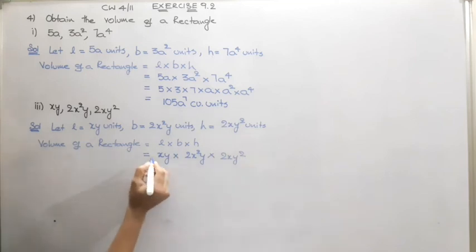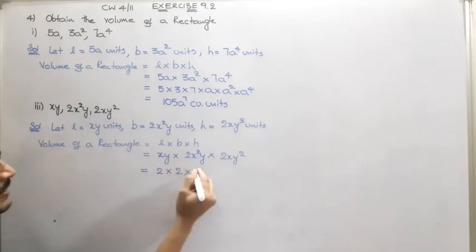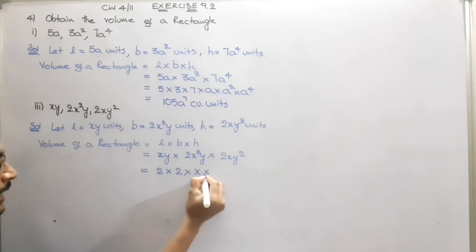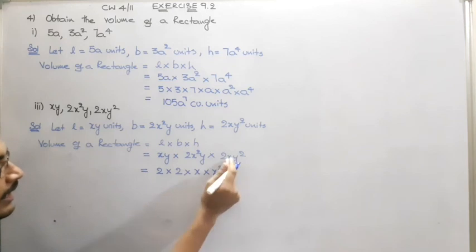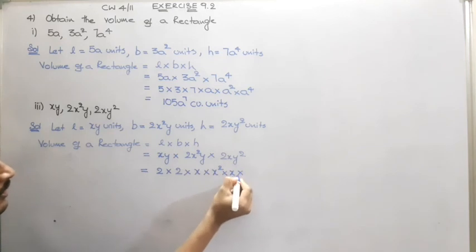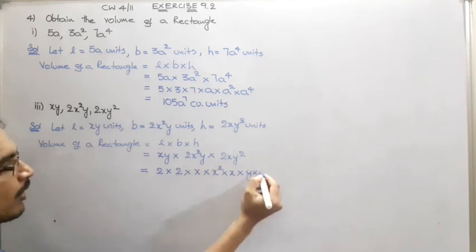So let us take the numerical terms. 2 into 2 into, we have x into x square from this term and x from this term. Now the y terms, here we have y, and here we have y square.